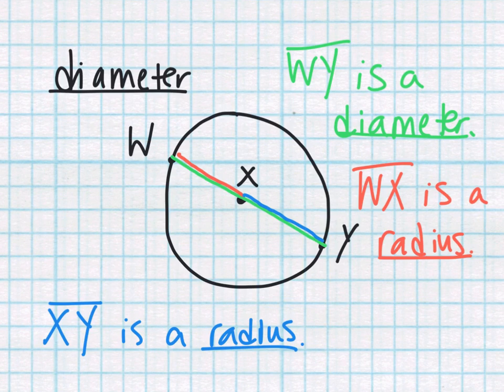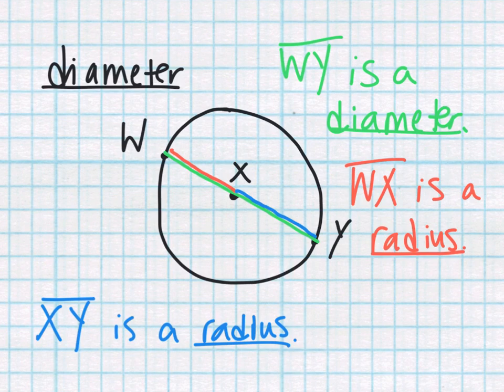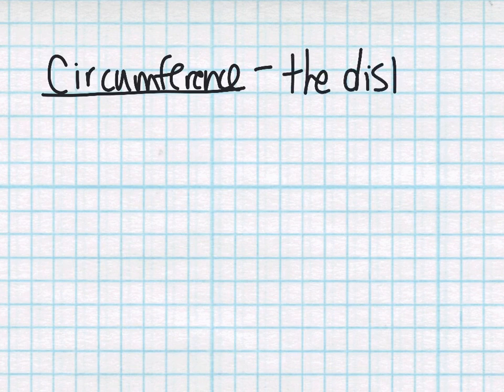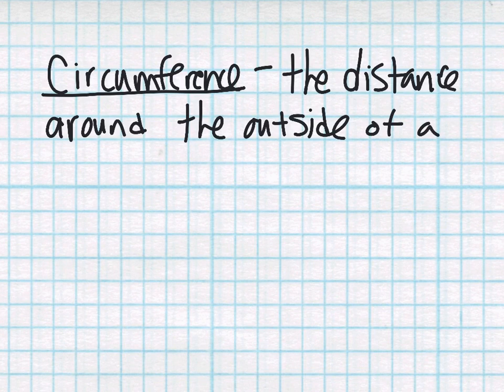Here we go. Talking about circumference. Okay, circumference. Circumference is the distance around the outside of a circle.